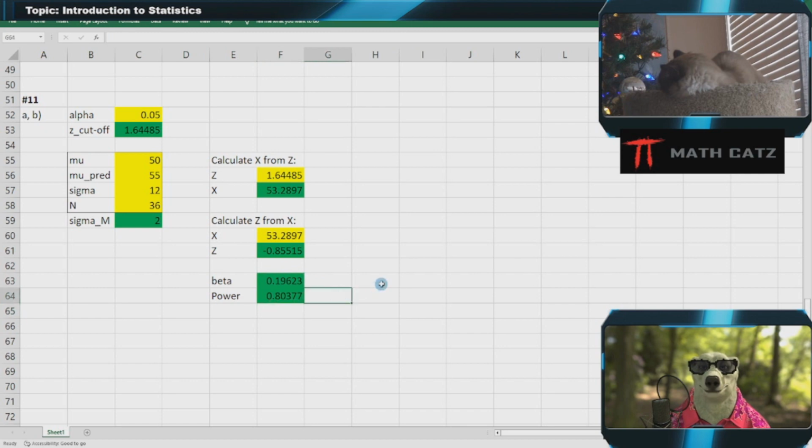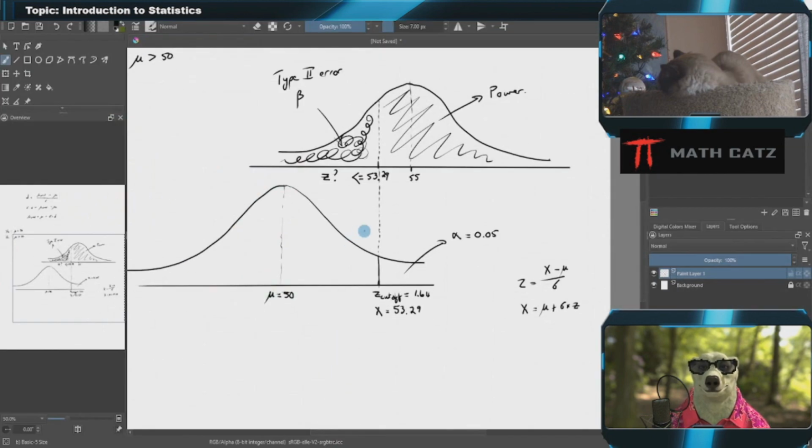And my power is 80.377%. And it'll round it usually as a default to the nearest hundredth. So that's the power of this study, that I'm making the correct decision in terms of the research hypothesis being actually true.